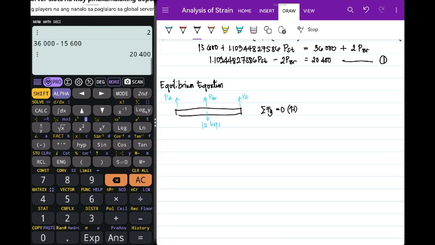Summation of forces y is equal to 0, assuming going up positive. So this should be 2 P sub ST plus 1 P sub BR minus 12,000 pounds is equal to 0.